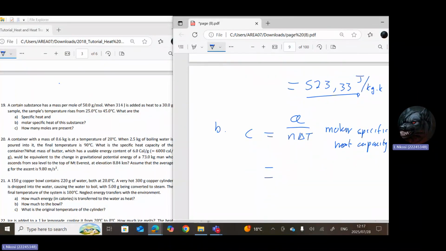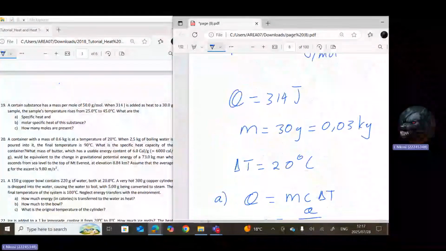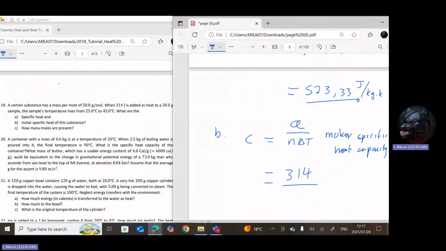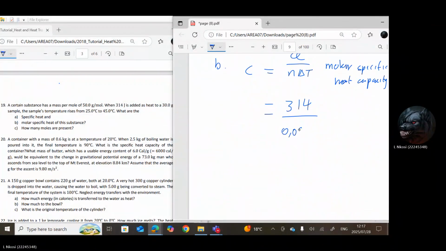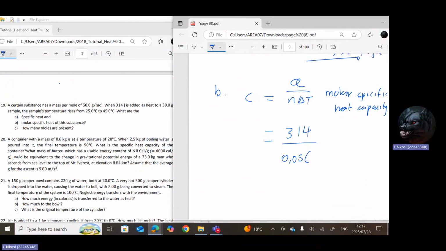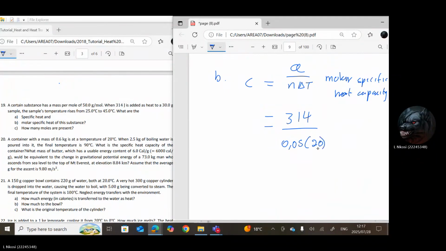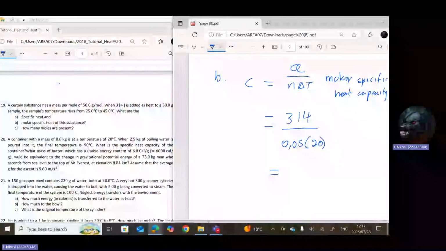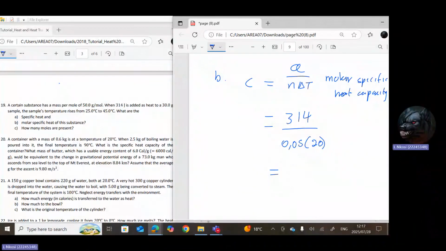So here it's going to be 314 over the number of moles, which is 0.05, and the change in T is the same, 20. So here you just change the 3 to a 5, which is 314 joules per kilogram Kelvin.